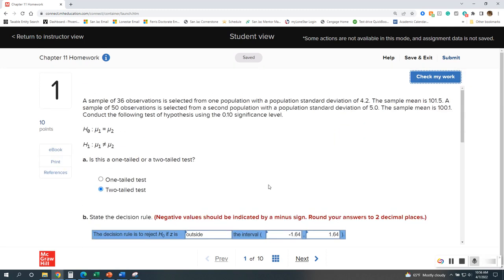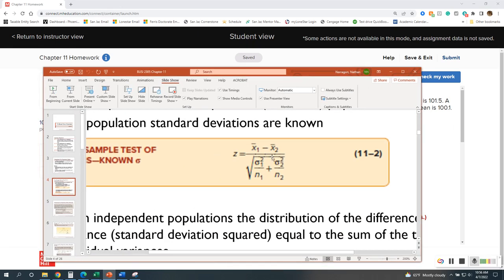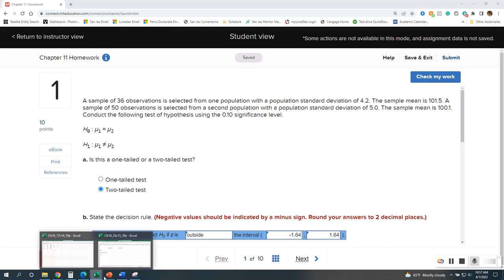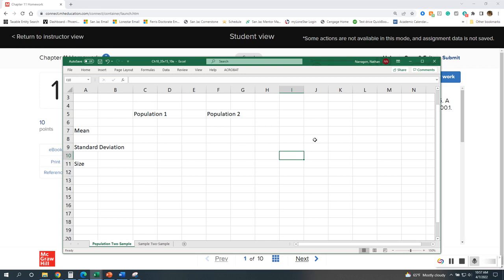Now it's time to compute the z value. From your PowerPoint, we know that if it's a population with known standard deviation, it's going to be this formula. So we're going to break this down and use a little bit of tech and put it in Excel.